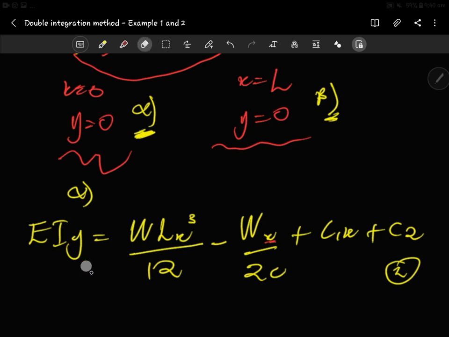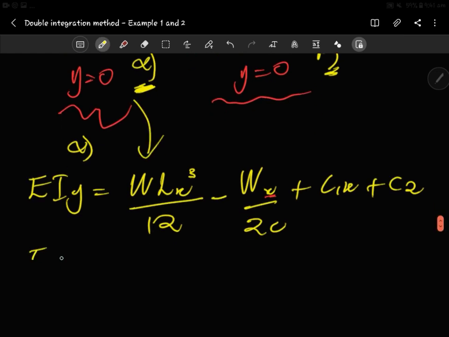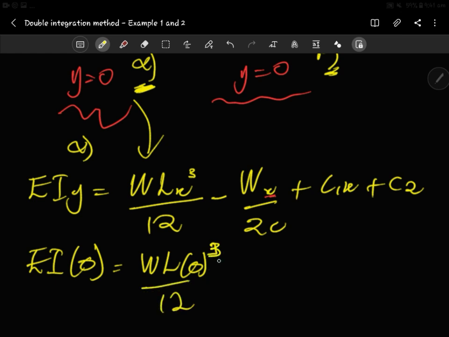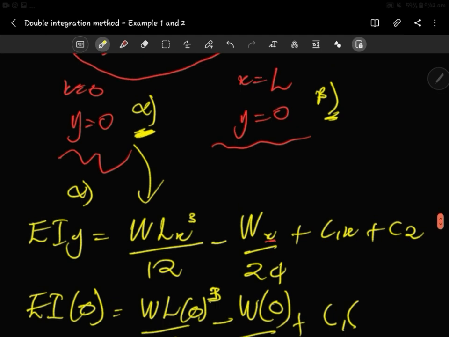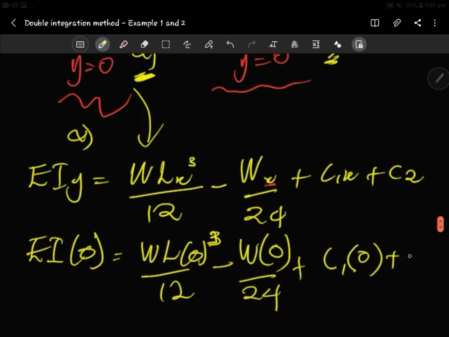We have EIy equals the bracket: WL times x, which is 0, to the power 3 on 12, minus W times x, which is 0, to the power 4 on 24, plus C1 times x, which is 0, and then C2 is only remaining.